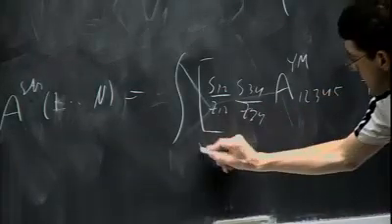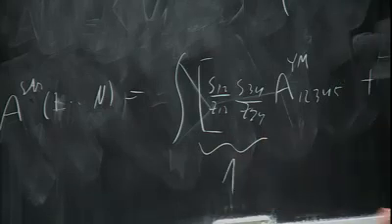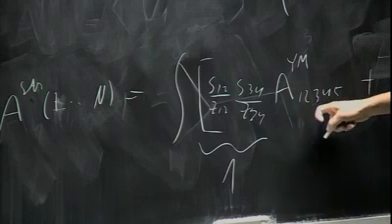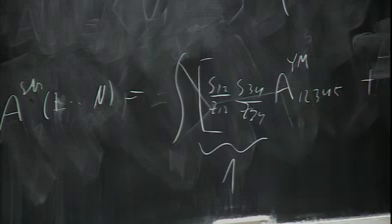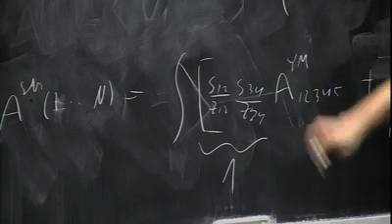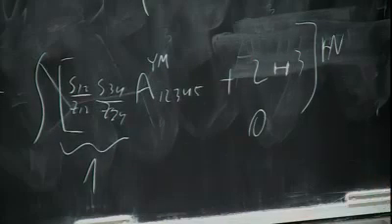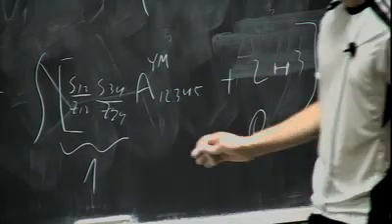So this integral here must be 1. And the other integral that will be multiplying the other permutation, the 1, 3, 2, 4, 5, must be 0. Otherwise you get nonsense. And that is true. You can check that these integrals satisfy this property.